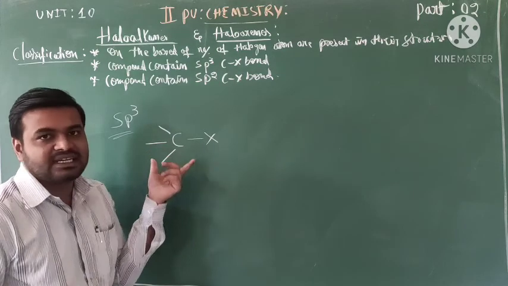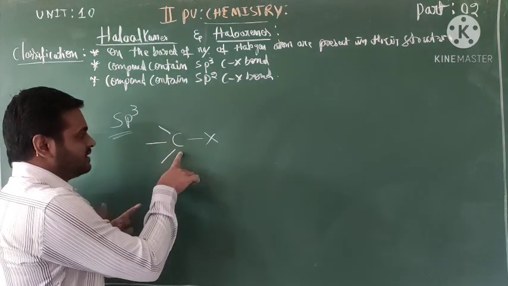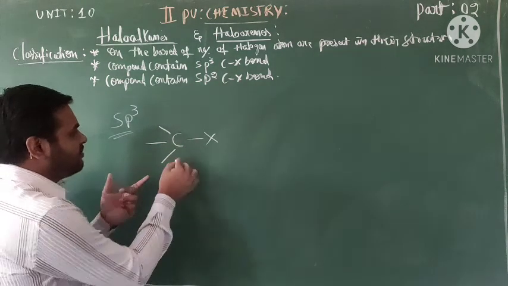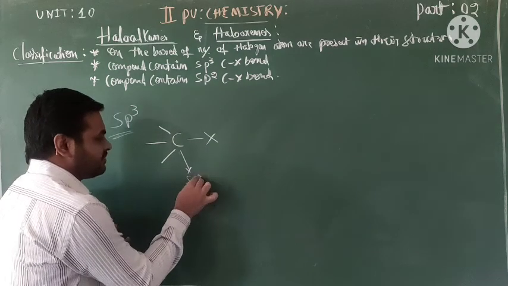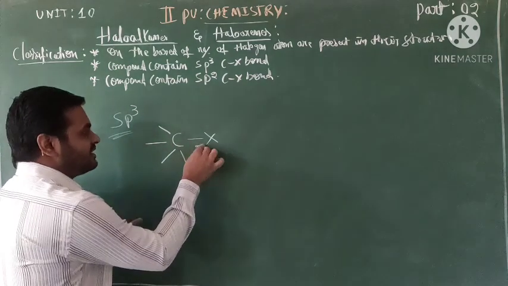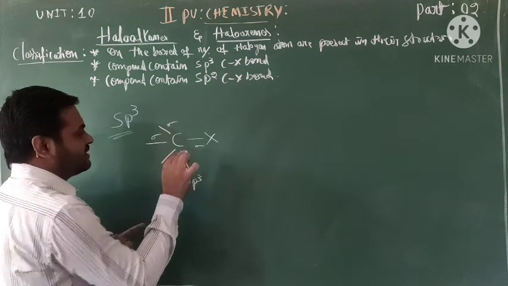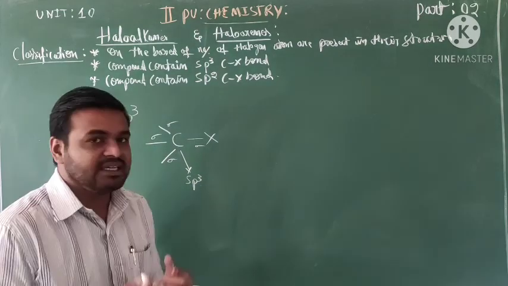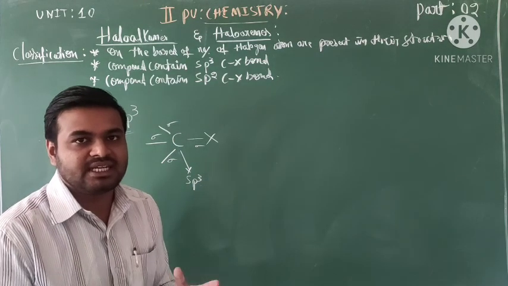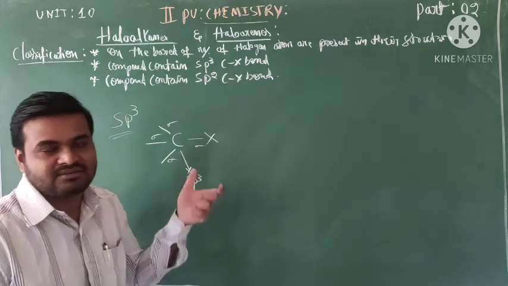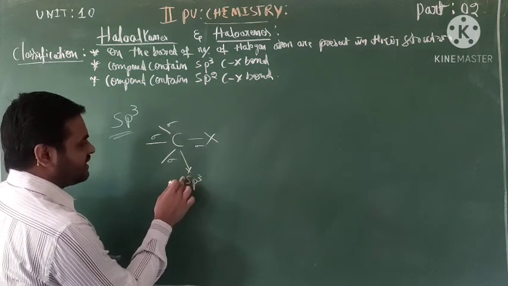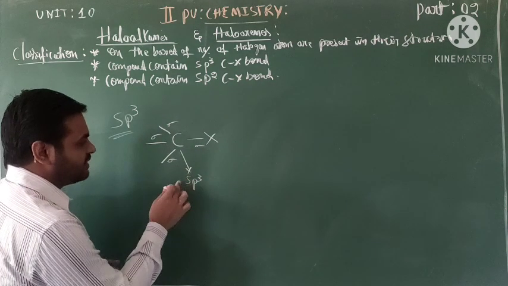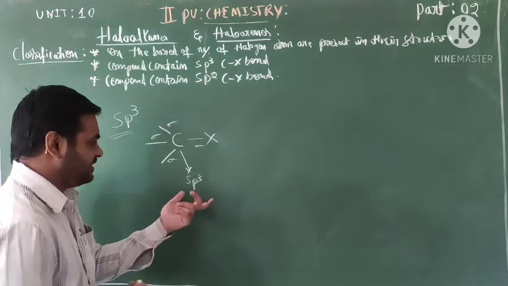in the formation of an alkyl group. See here, this carbon atom is sp3, so the bonds are sigma, sigma, sigma, sigma. Clear? In hybridization we only count sigma bonds. 4 sigma bonds means s1, p3, 3 plus 1, sp3 hybridization.